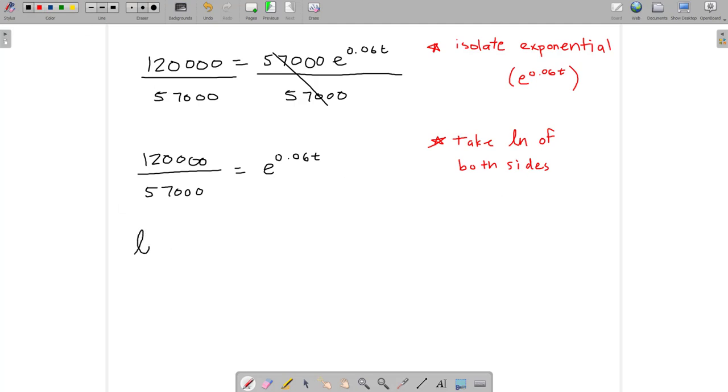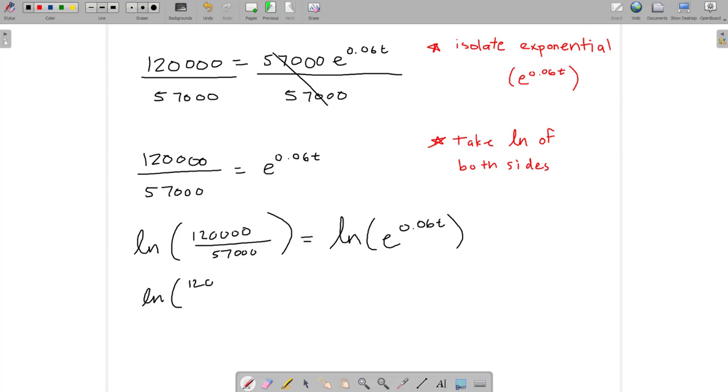And so we'll end up with natural log of 120,000 over 57,000 equals ln of this e to the 0.06t. So then the left-hand side, we'll just keep it like that, write it the same way. But on the right-hand side, the natural log and the e are going to undo each other, and we'll be left with this argument on the e. So 0.06t.